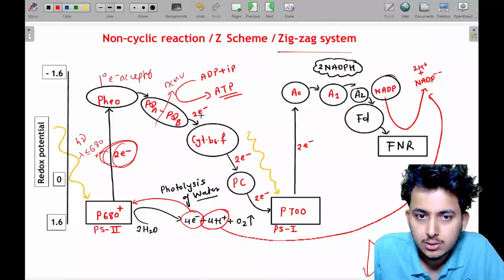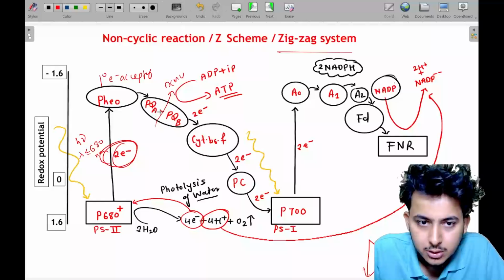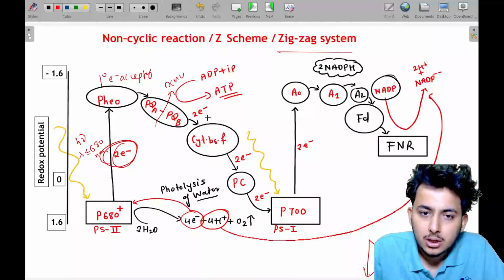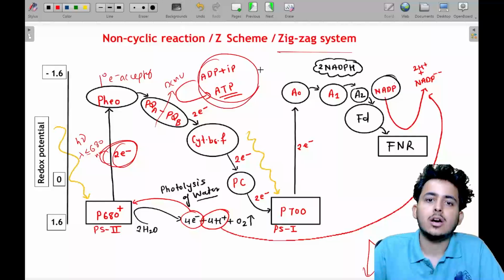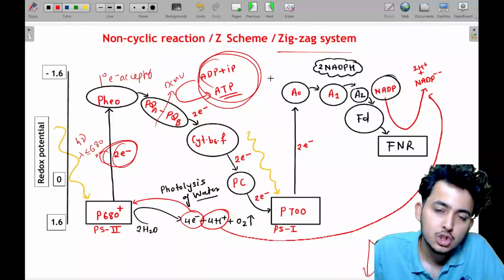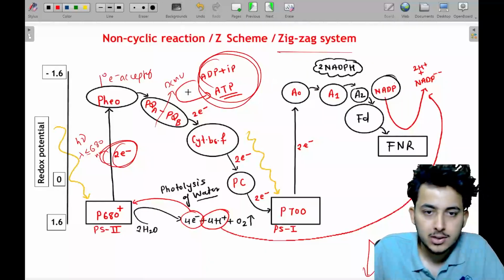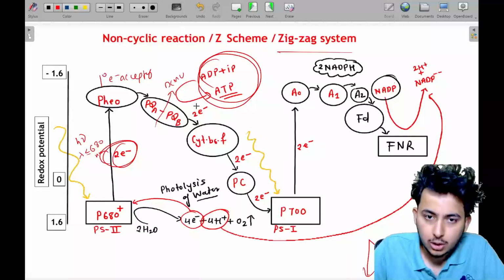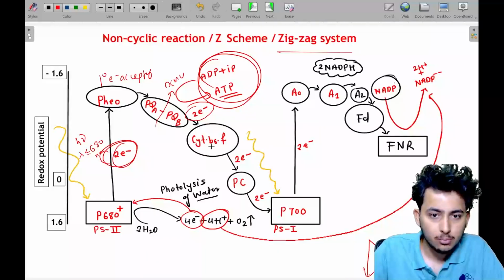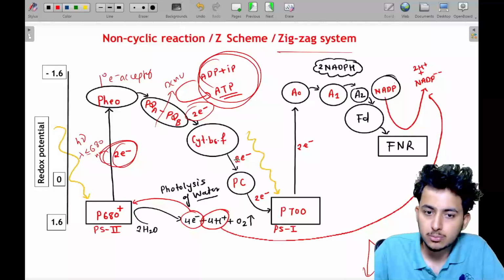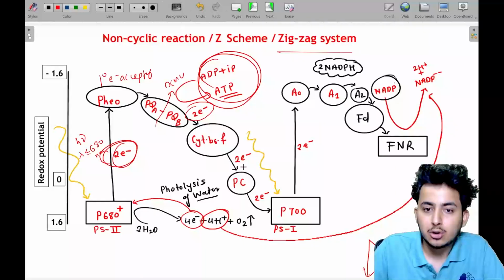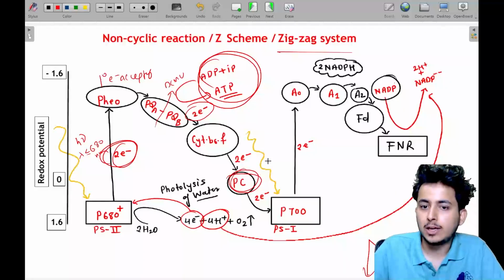Then these two electrons, once they are passing through plastoquinone A and plastoquinone B, that is leading to ATP synthesis. How it is leading to ATP synthesis, I will show in detail. Don't worry. First, understand the flow. Then two electrons will move to the cytochrome b6f complex, which is responsible for proton pump generation. Then these electrons will move to plastocyanin, again a mobile carrier.